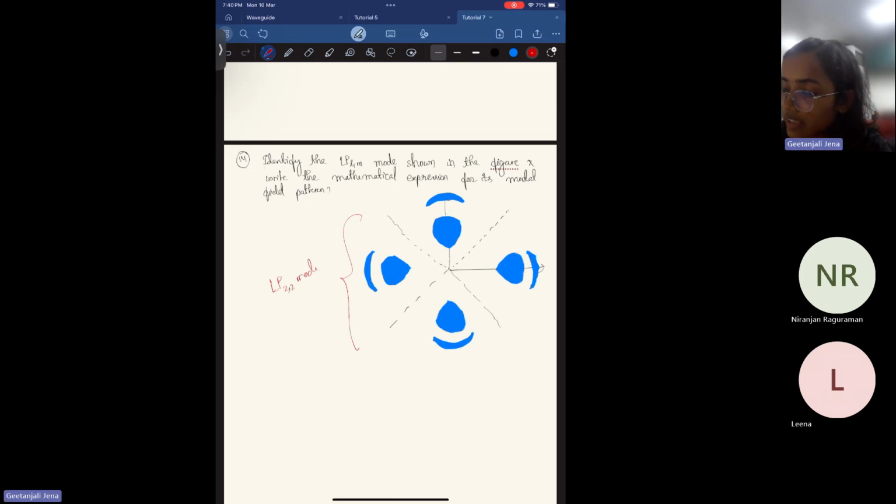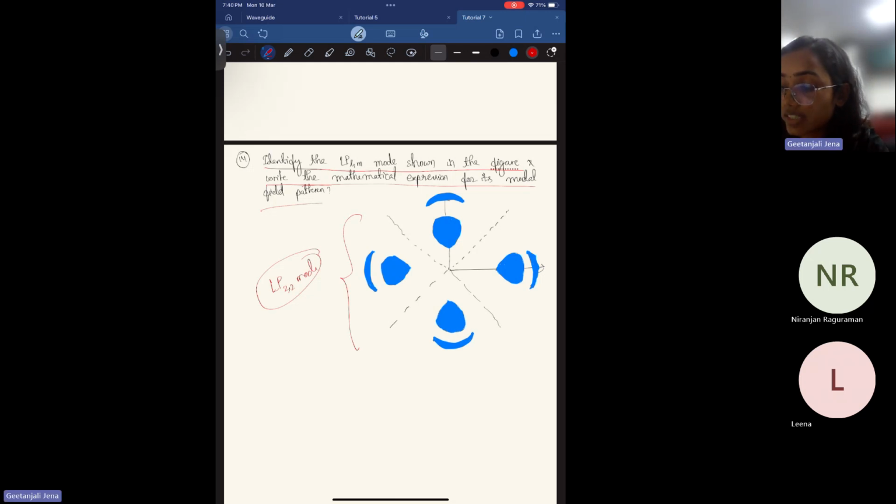So you have already solved the first part of this question: identify the LP LM mode shown in the figure. So this will have LP 2 2 mode. Now write the mathematical expression for its modal field pattern.